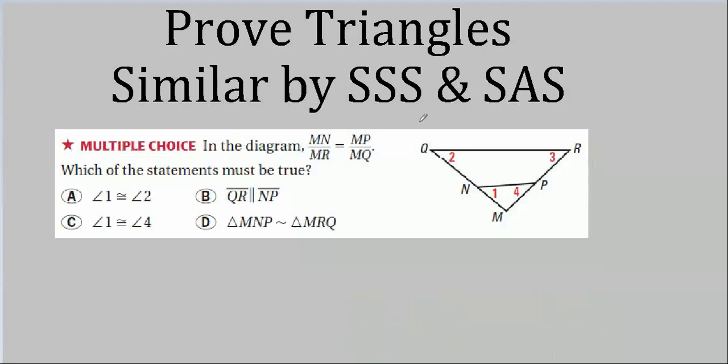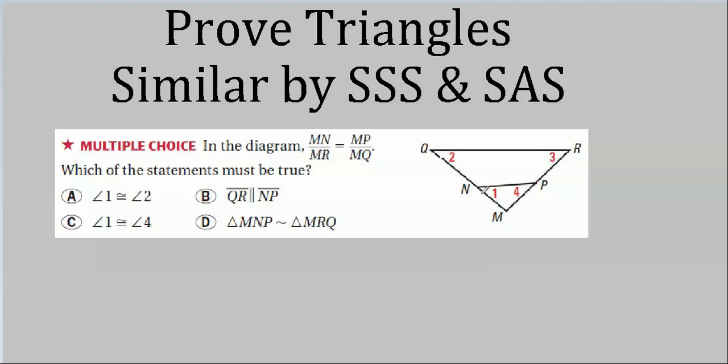Well, here we need to figure out what this is actually telling us here. What can we conclude given this statement? What they're saying here is that this small little section and this large section over here, the ratio of this piece to this side is the same as the ratio of this piece to this side.